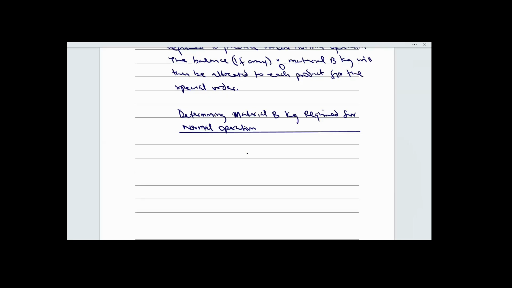So in this case, I would say products, units, material kilogram per unit, then total material kilogram.